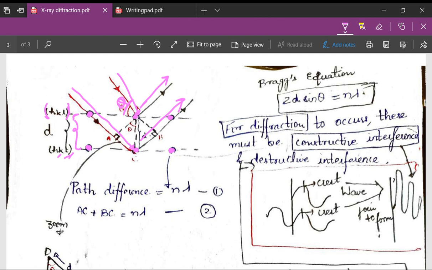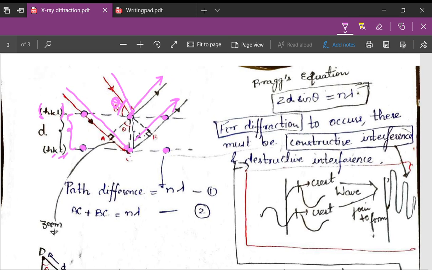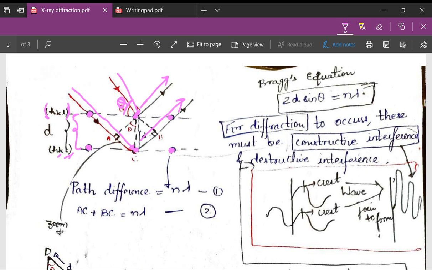First of all, we should know what constructive interference is. As I have already said, an X-ray is composed of repeating units known as wavelengths, and each wavelength is composed of crest and trough. When crest and crest coincide, the waves join to form constructive interference.